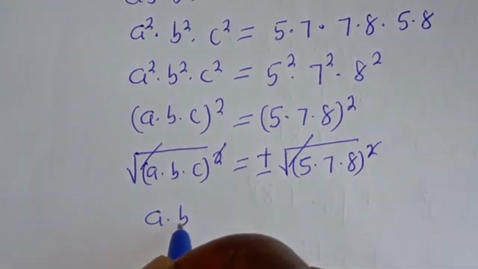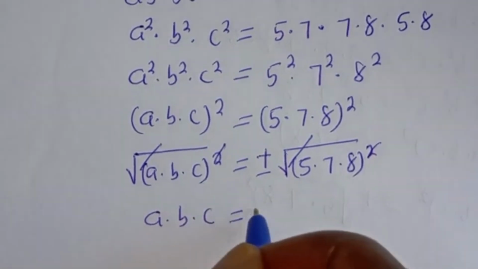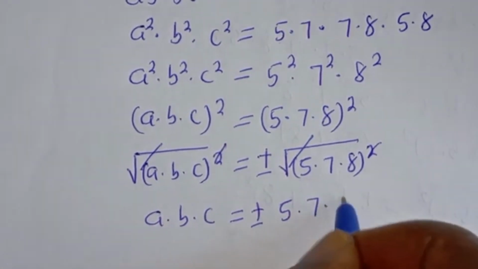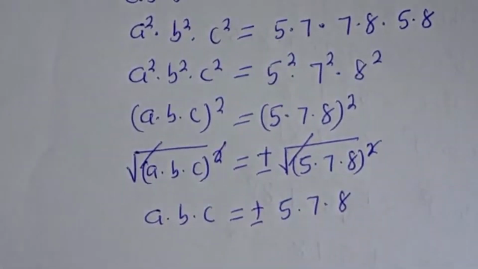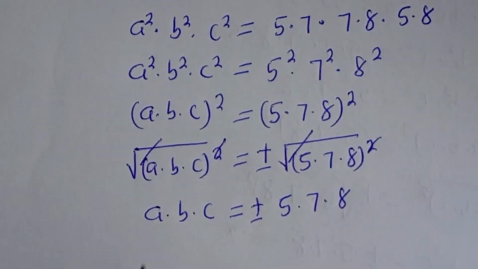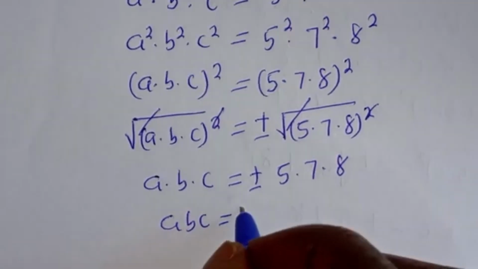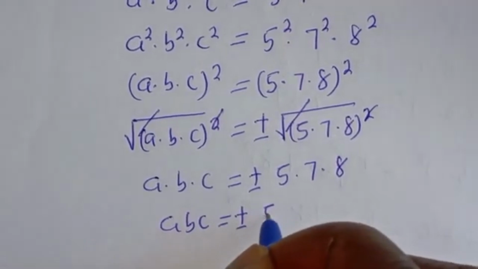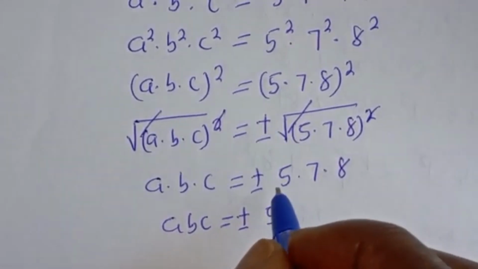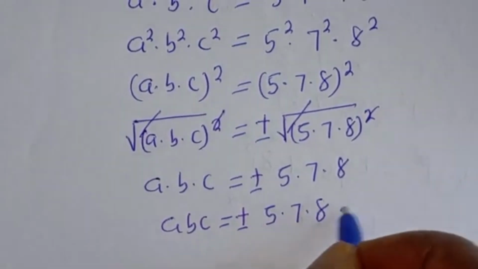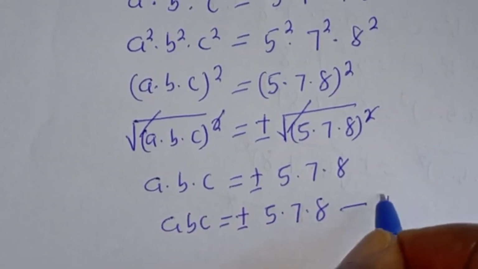A multiplied by B multiplied by C is equal to plus or minus 5 multiplied by 7 multiplied by 8. Therefore, ABC is equal to plus or minus 5 multiplied by 7 multiplied by 8. Let's call this equation 4.